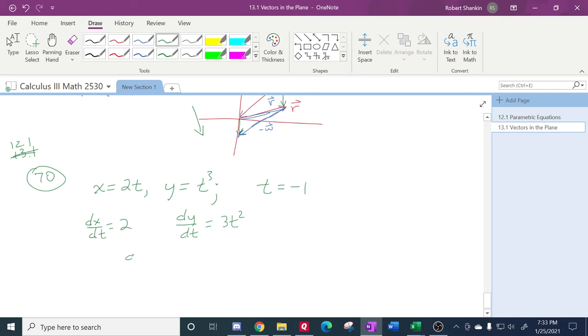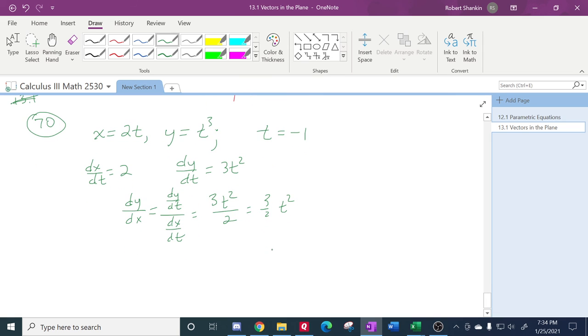So dy/dx, two different ways we can do it. One way is this way, dy/dt over dx/dt, 3t squared over 2, 3/2 t squared.